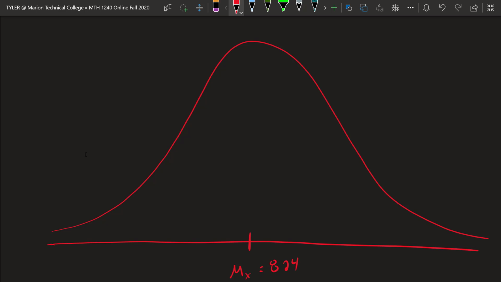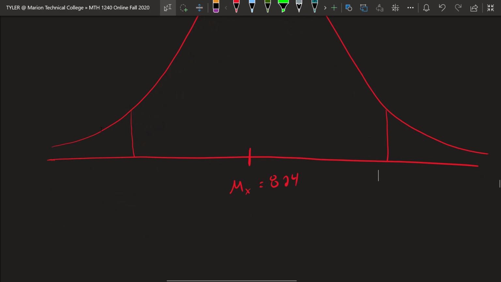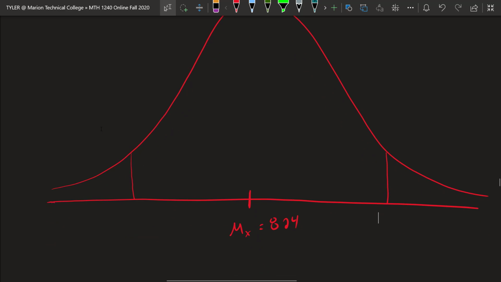And then what I found is this value, which was the mean minus 2 standard deviations, which is equal to 798.4. That's what this value is here. And this would correlate to a z-score of negative 2, because we're 2 standard deviations to the left of the mean, right? So don't forget about z-scores.